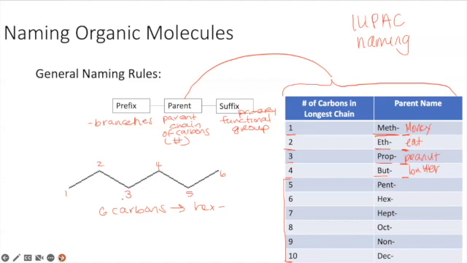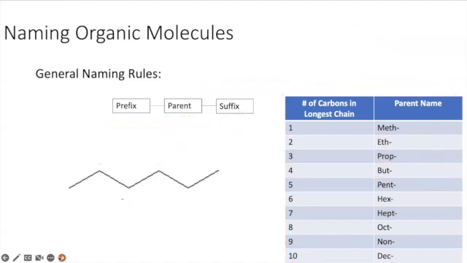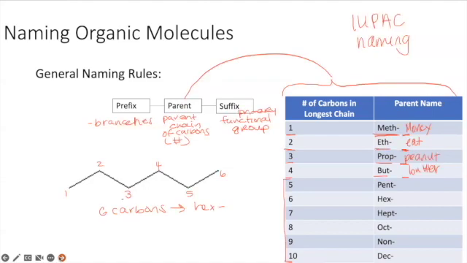First, to name this molecule, I would want to start with the prefix, which is any branches coming off. This molecule is easy. There are no branches. So next I want to use the parent name based on the number of carbons.